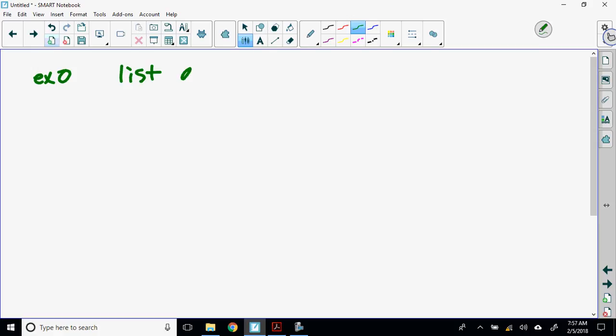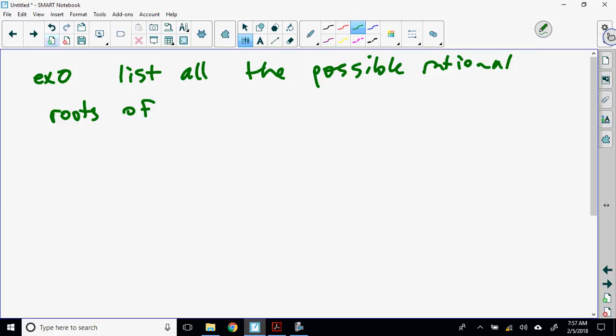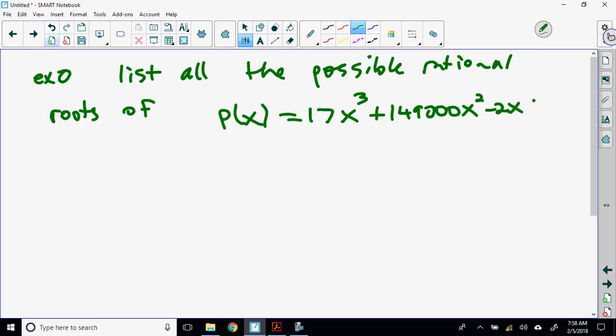List all the possible rational roots of p of x equals 17x cubed plus 149,000x squared minus 2x plus, I need a nice number, a number that's got a decent amount of factors, but not too many. What was it? 125? Yeah, 125 will work nice, actually.